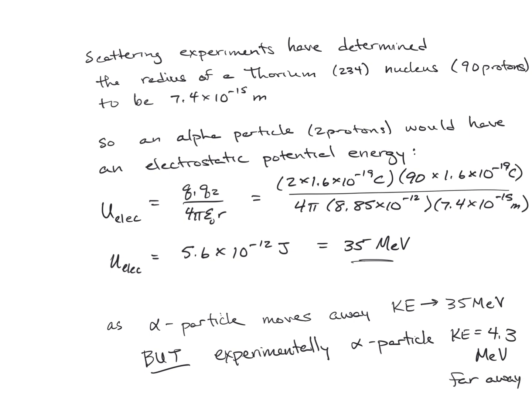So we want to look at what is going on there to make experiment disagree so much with what we would predict from the electrostatic potential energy of an alpha particle right at the surface.